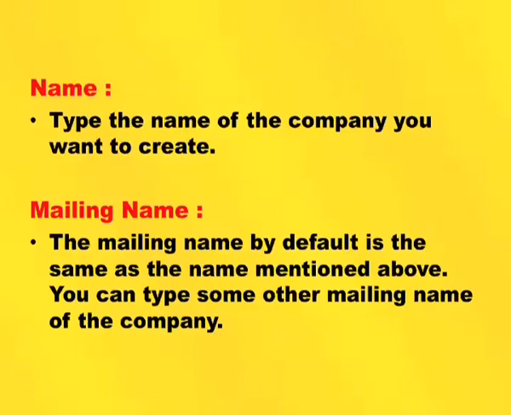The mailing name by default is the same as the name mentioned above. You can type some other mailing name of the company. The mailing name and address details are picked up for inclusion in any report that needs the company name and address as heading. There are some statutory compliances required.